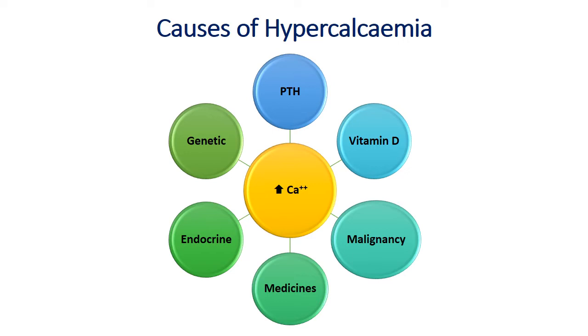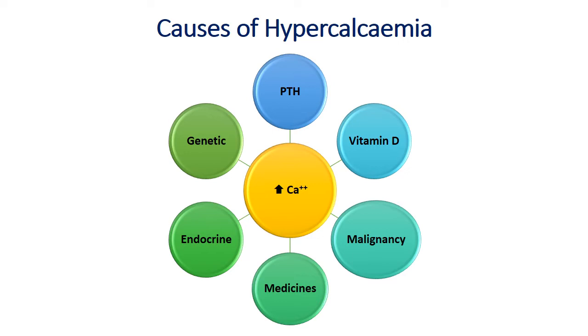Certain malignancies, particularly lung cancer, renal cell cancer, multiple myeloma, by a variety of mechanisms can increase serum calcium, most important of which is through the generation of PTHRP or parathormone related peptide, which acts like parathormone to increase serum calcium but is not exactly similar to parathormone.